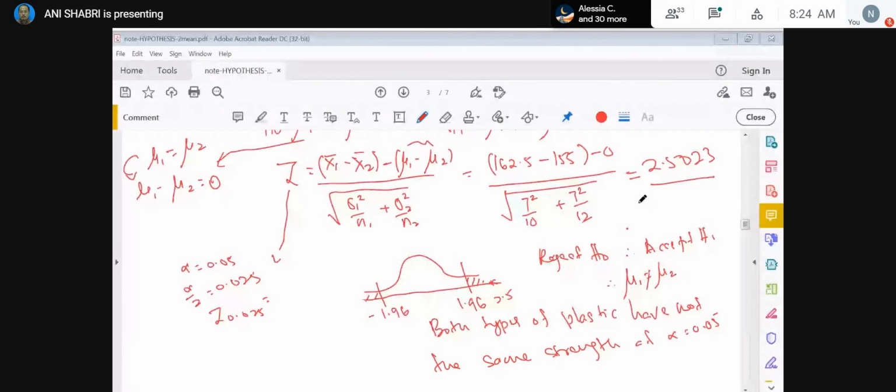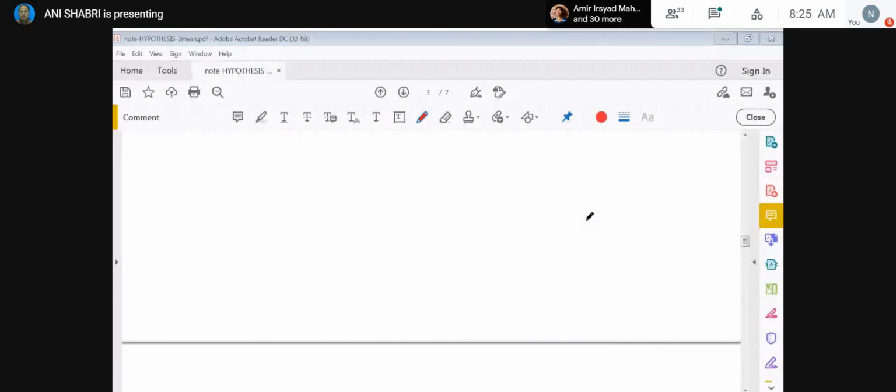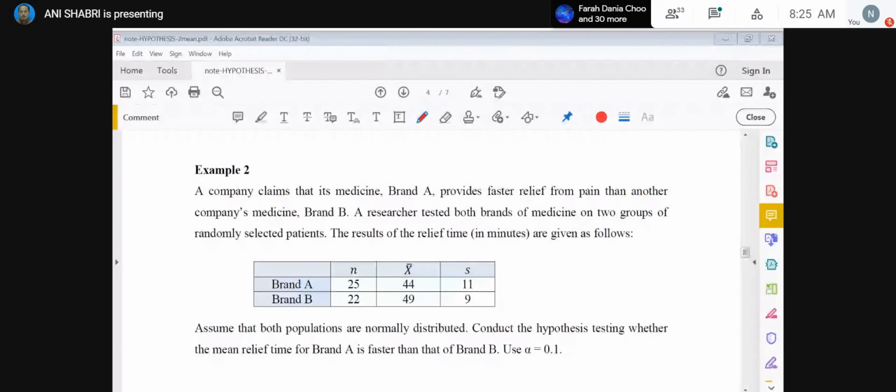Okay, we look at example 2. Fikri, cuba baca. Example 2. A company claims that its medicine brand A provides faster relief from pain than another company's medicine brand B. A researcher tests both brands of medicine on two groups of randomly selected patients.